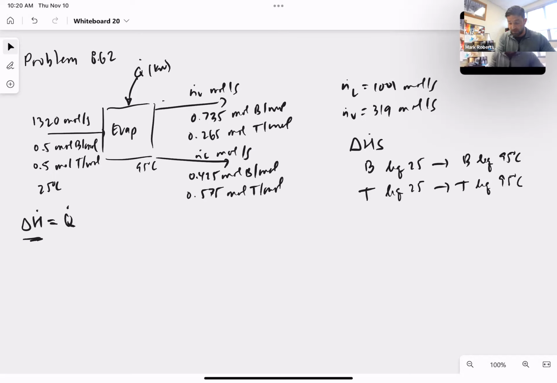In these cases, we're going to need the CP of the liquid for each one of these, which I know I can get from table B2 in the back of the book.